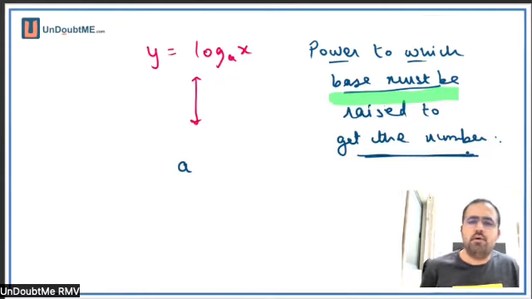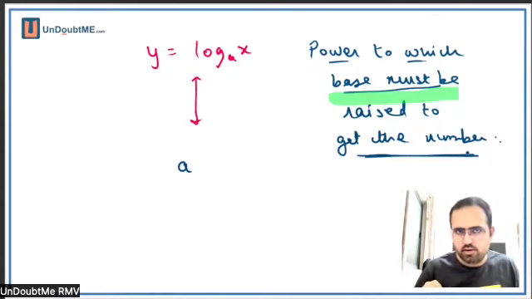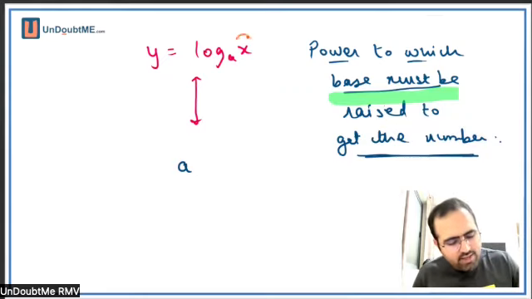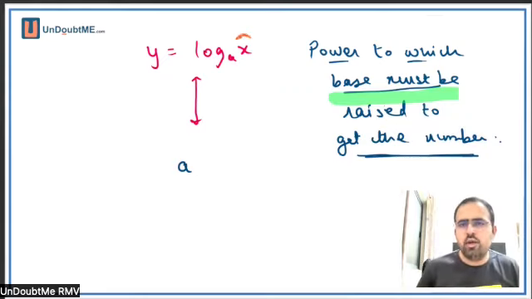Now what is the number? X. We are finding the logarithm of a number. So can I say that x is the number I am talking about? Yes. I am finding the logarithm of x.